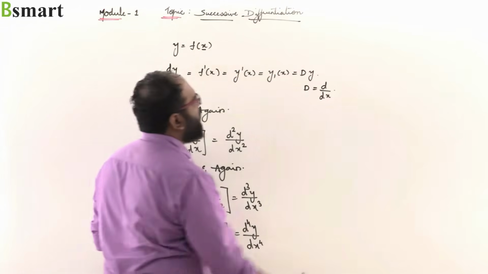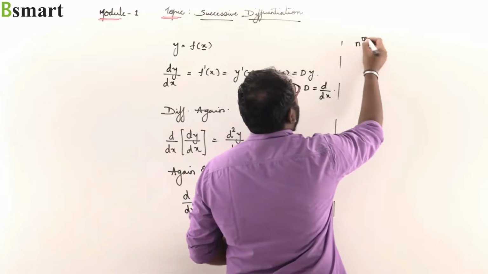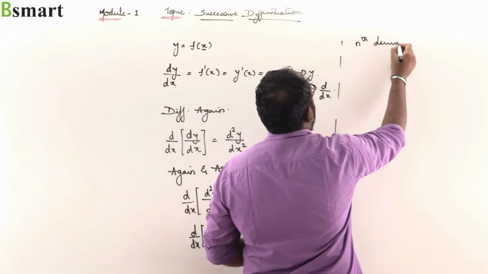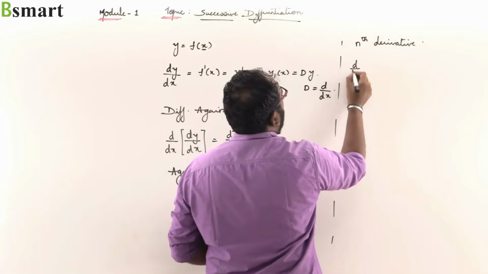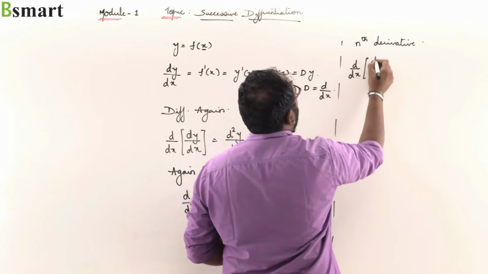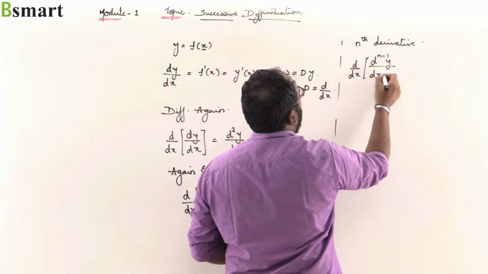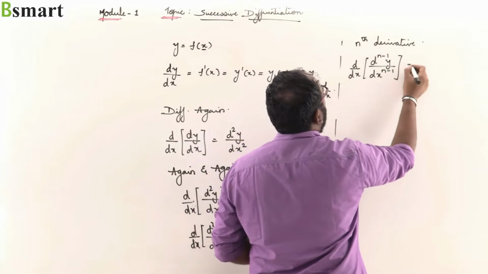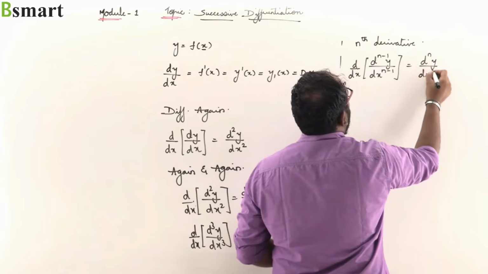So if we go on differentiating till the nth time, the nth derivative will be d by dx of d to the power n minus 1 y by dx to the power n minus 1, which can be written as d to the power n y by dx to the power n.